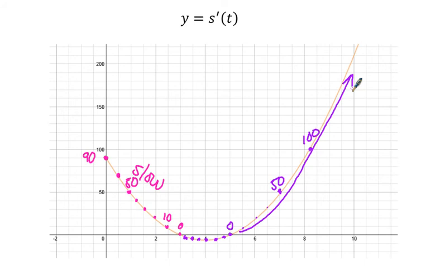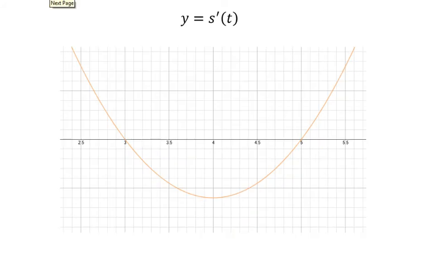Now again, I've zeroed in on that interesting part of the graph that's here. So this would be like the velocity is -1, the velocity is -2, -3, -4. The velocity is -5 here. The velocity is -6 right here.